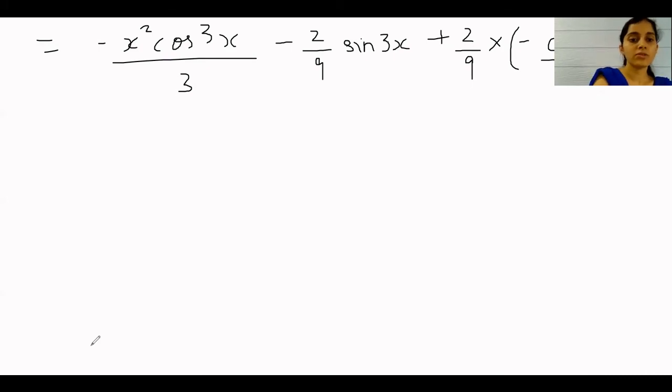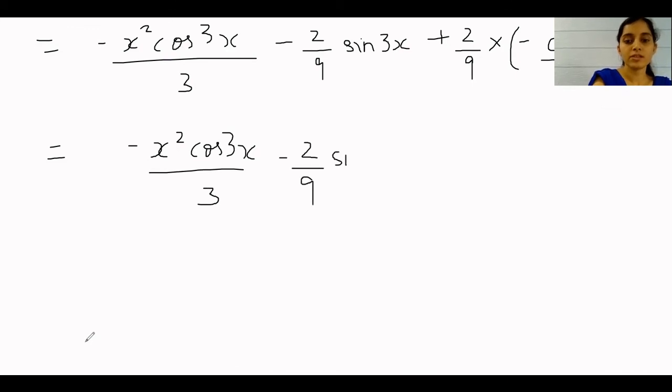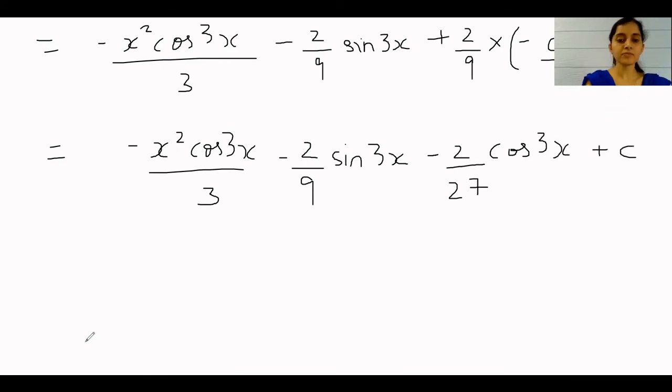So we are going to get minus x square cos 3x upon 3, minus 2 upon 9 sin 3x, minus 2 upon 27 cos 3x plus c. We can take 1 upon 3 common amongst all of them. So the final answer either could be left at this, or you could take it common.